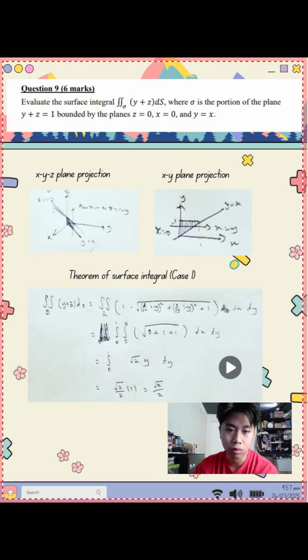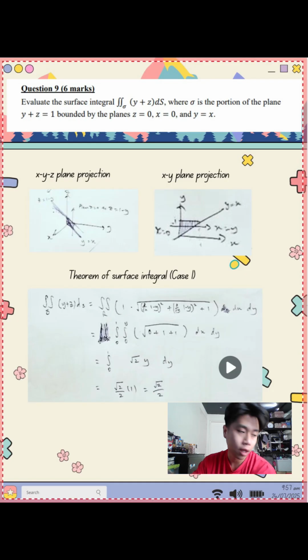So I just put x = y. After that, we get 0 ≤ x ≤ y, and also 0 ≤ y ≤ 1.